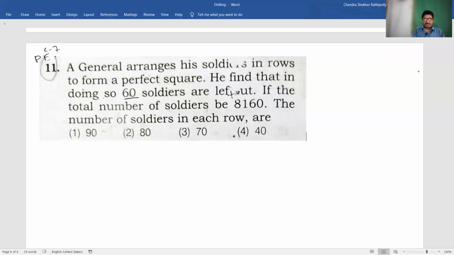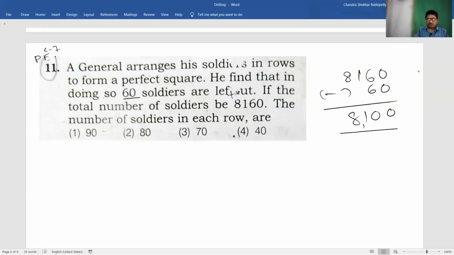How many soldiers? 60 soldiers. So that's why we have to subtract that 60 from this total. If we subtract 60 from this, we get 8,100. Now we have to find the square root of 8,100.